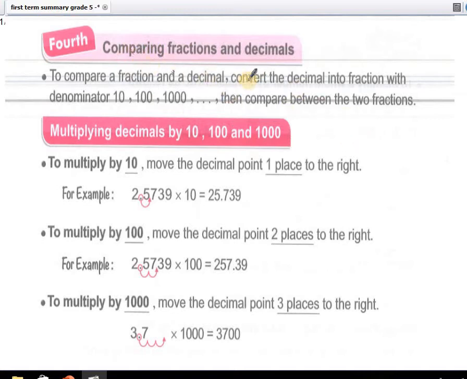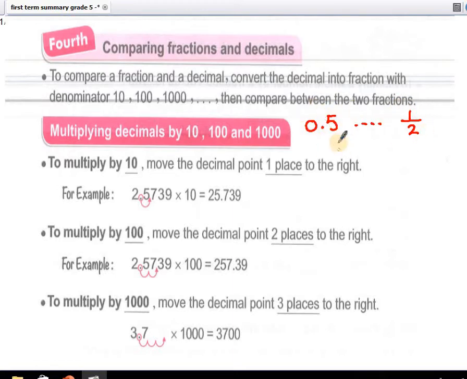Okay, let's see. When I want to compare fraction and decimal, to compare a fraction and a decimal, convert the decimal into a fraction first. If I have 0.5 and here I have 1/2, look here, this is the fraction, and here a decimal.